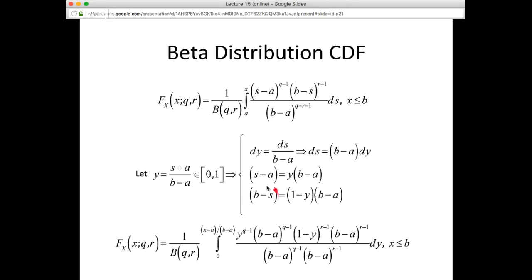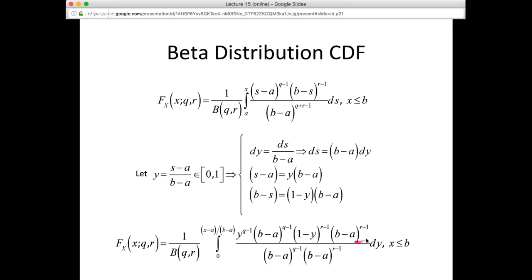Likewise, we can substitute for b minus s in the integral, and that becomes 1 minus y raised to the r minus 1 times b minus a to the r minus 1. We also substitute our new definition for ds, which is b minus a times dy.